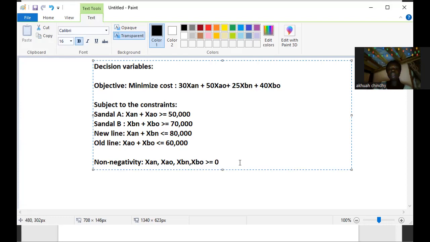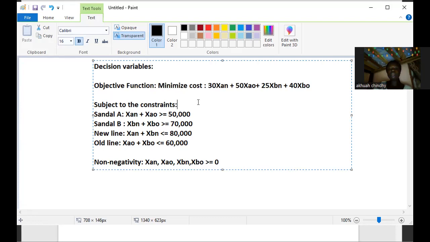So the question is full of English, as we can see here, but this is the mathematical expression they expect from us. So if you know your steps, starting from decision variables, then the objective function, which is to minimize cost. That is the objective of this business, to minimize their cost.